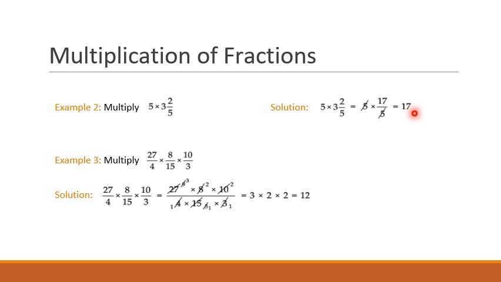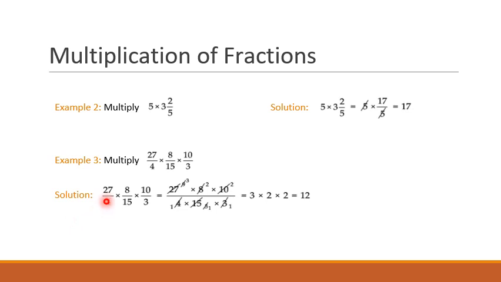Now let's see the next example. In this example, I am multiplying three fractions together. So multiply 27 by 4, 8 by 15 and 10 by 3. Let's see how to solve this.